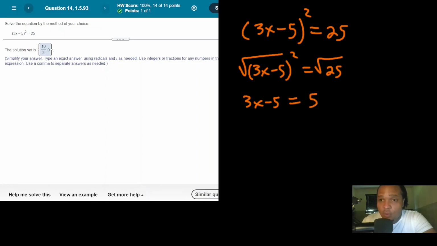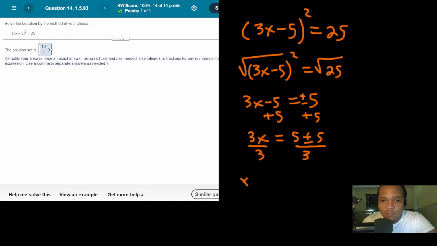You just took a square root. Make sure you put your plus and minus. Okay, go ahead and add the 5 to both sides. And so we have 3x is equal to 5 plus and minus 5. And lastly, go ahead and divide everything by 3.